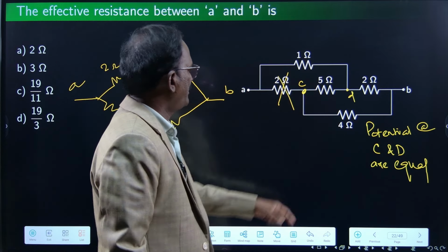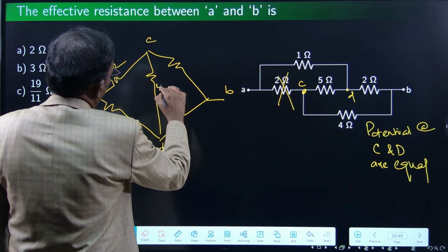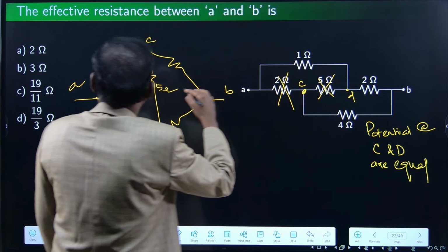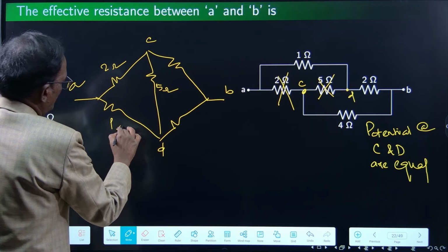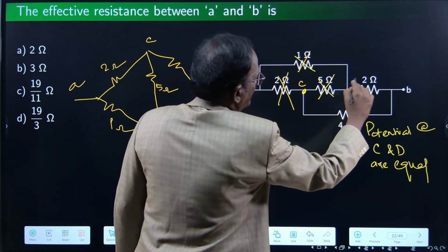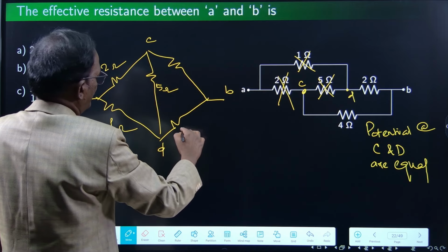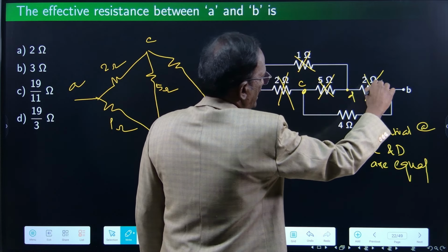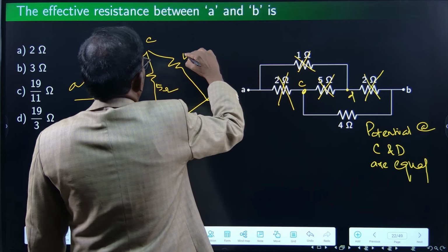Between C and D, 5 ohms. This is removed. Between A and D, 1 ohm. This is also removed. Between D and B, 2 ohms. Between C and B, 4 ohms.